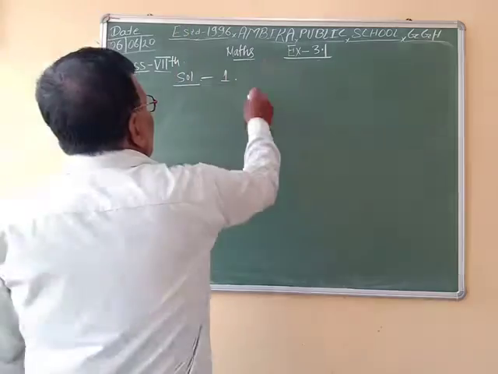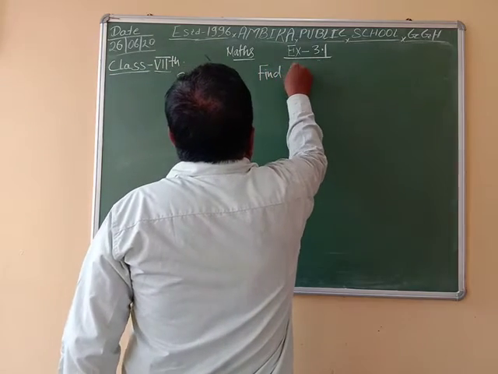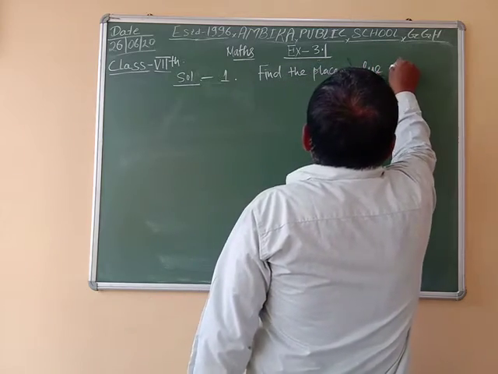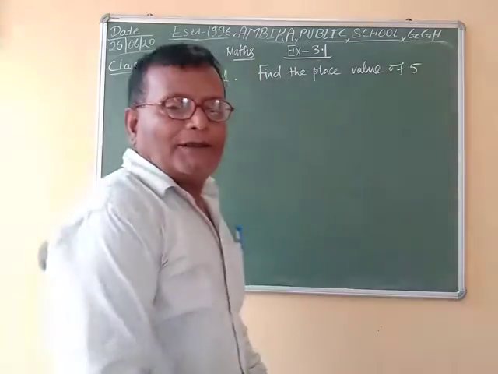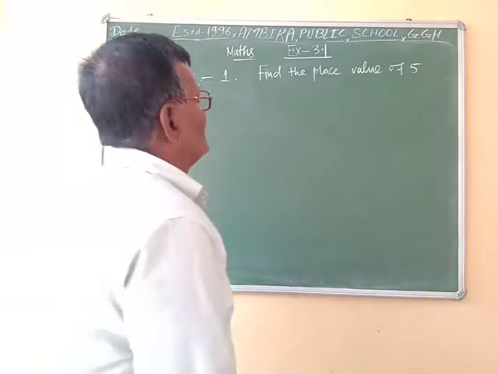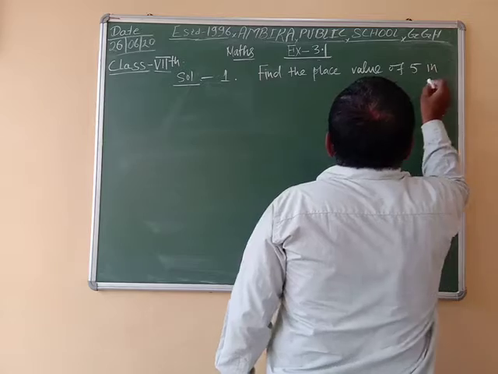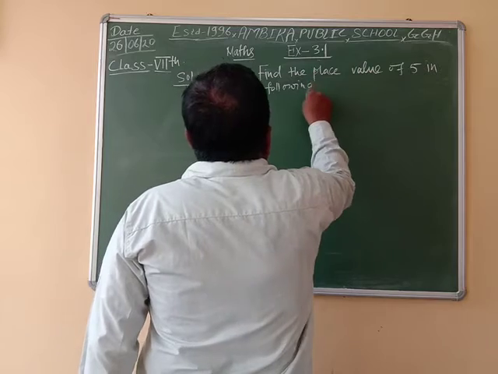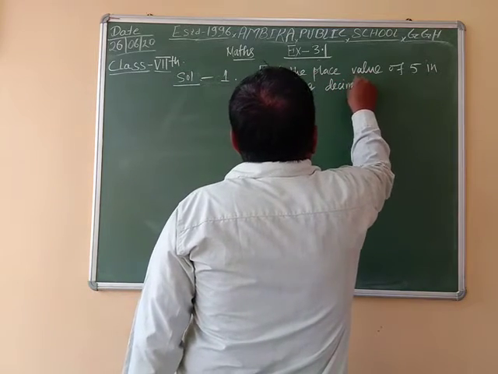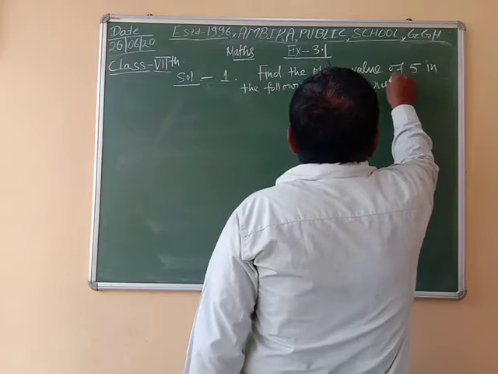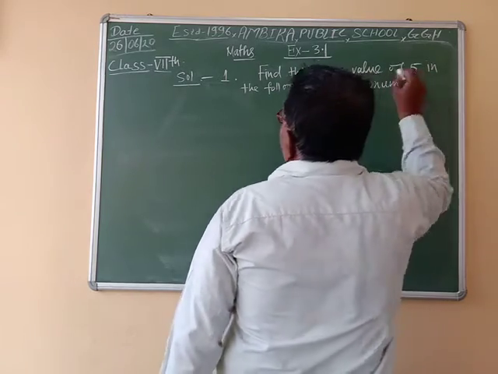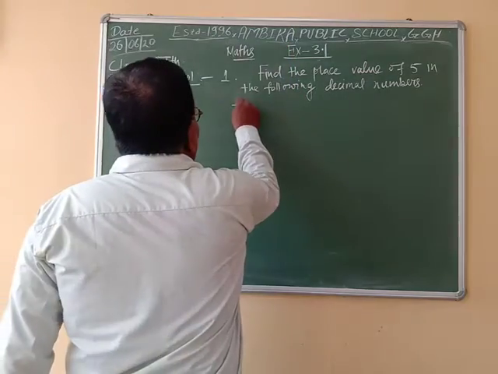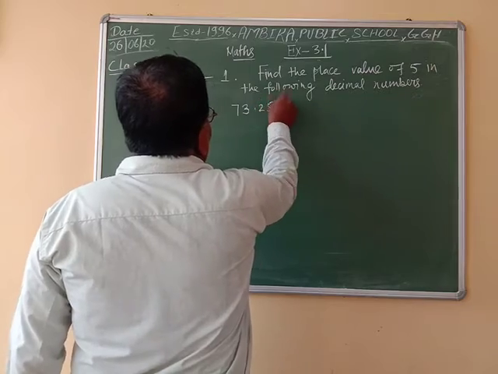Find the place value of 5 in the following decimal numbers: 73.25.